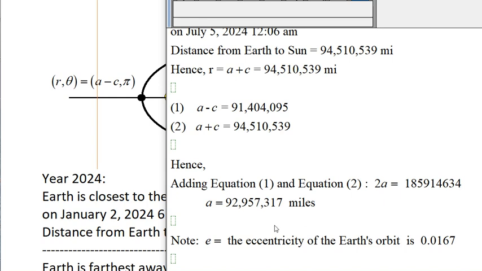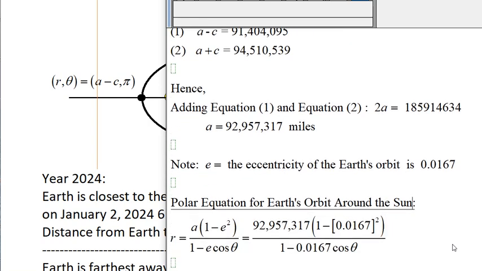Dividing by 2, then we get A is 92,957,317. It is known that the Earth's eccentricity is 0.0167.